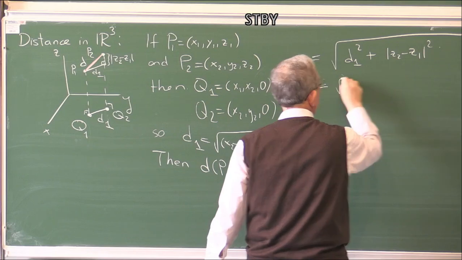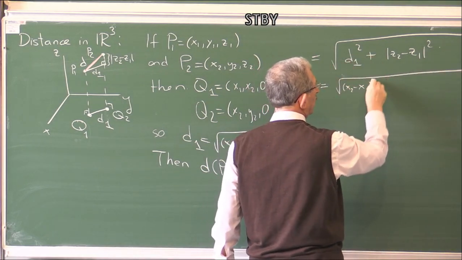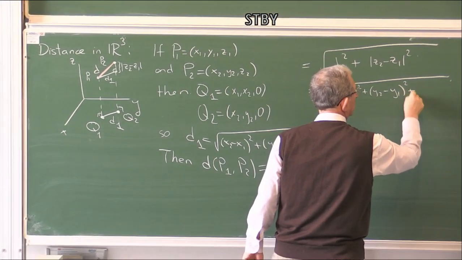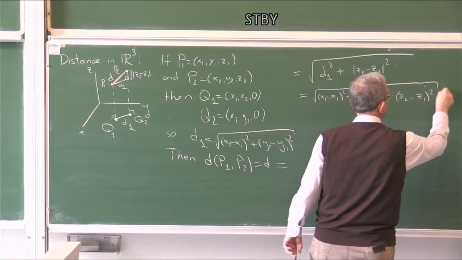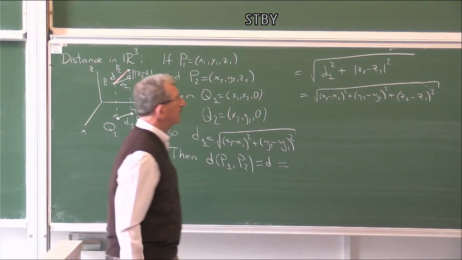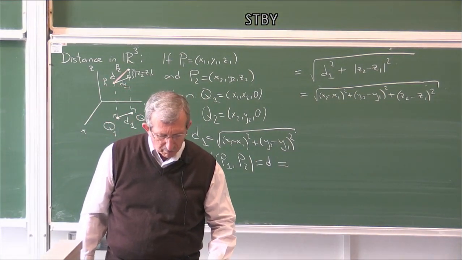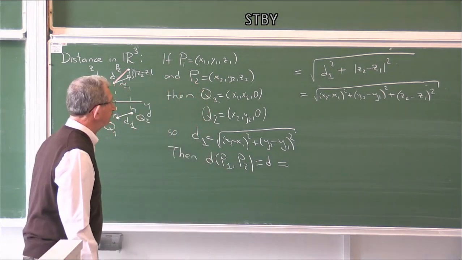And when you calculate all that, you get (x2 minus x1) squared plus (y2 minus y1) squared plus (z2 minus z1) squared under the root. So it is a direct generalization of the two-dimensional distance.